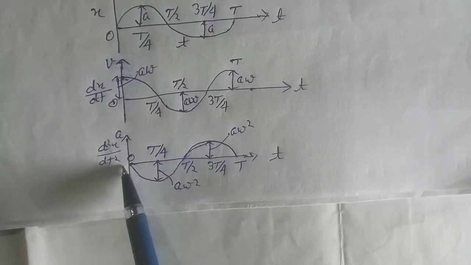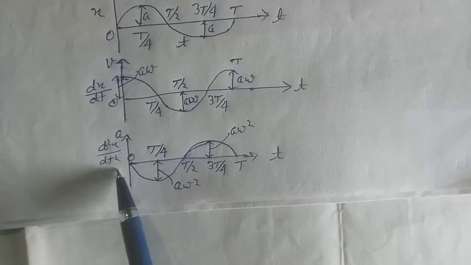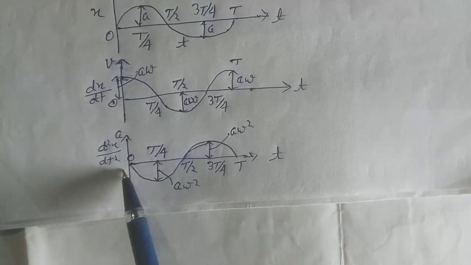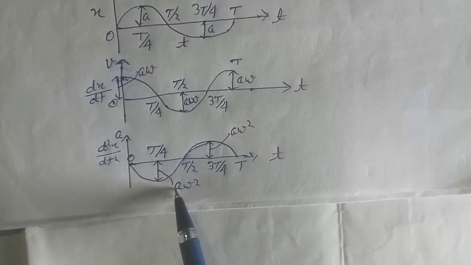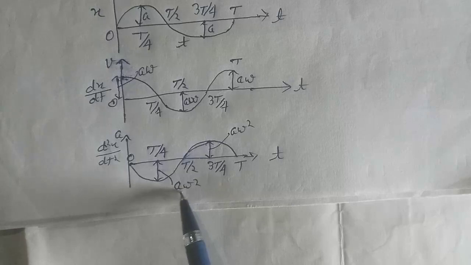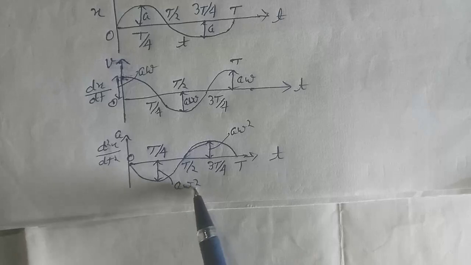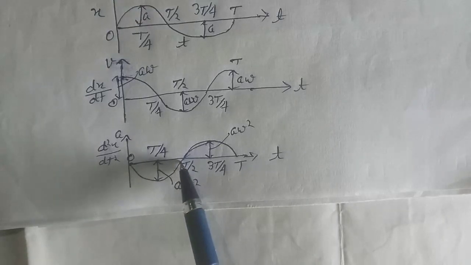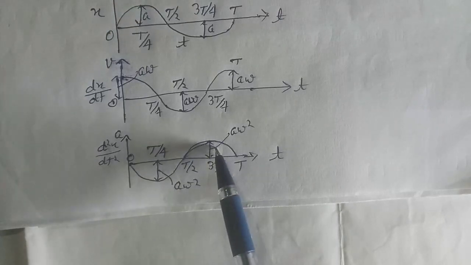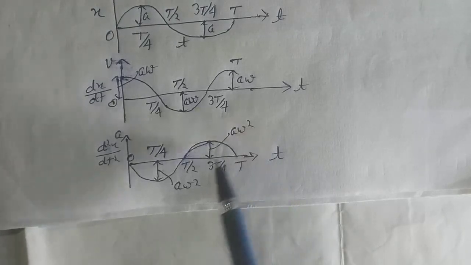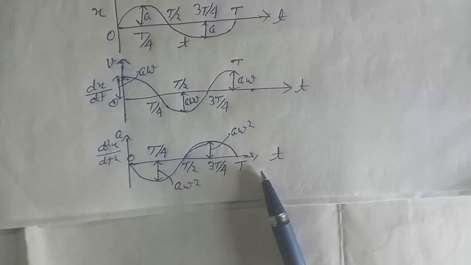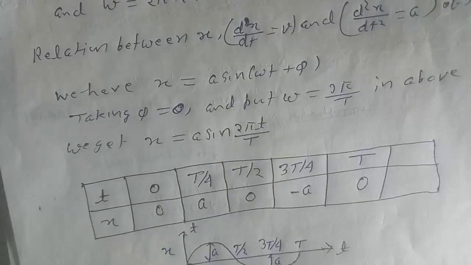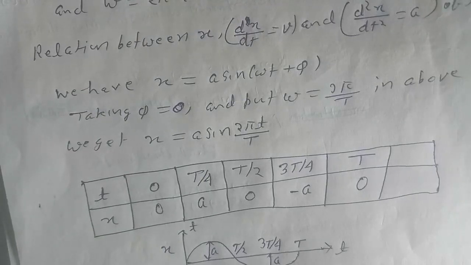At t = 0 the acceleration is 0, and at t = T/4 the acceleration is aω², the maximum value of acceleration, and it is opposite to the displacement. At T/2 again it is 0, at 3T/4 it is again maximum aω², and so on. So this represents the graphs of different quantities in SHM.